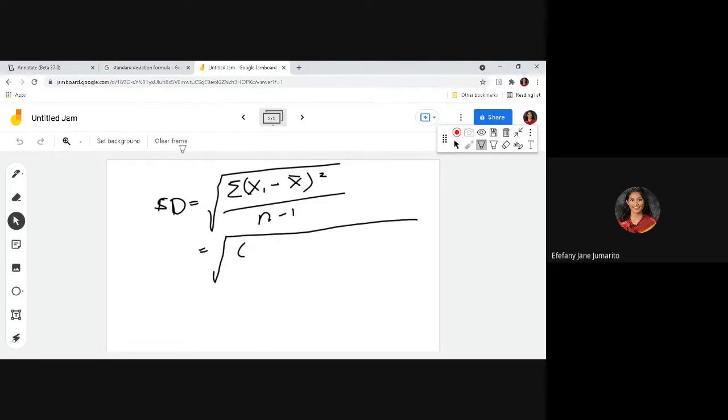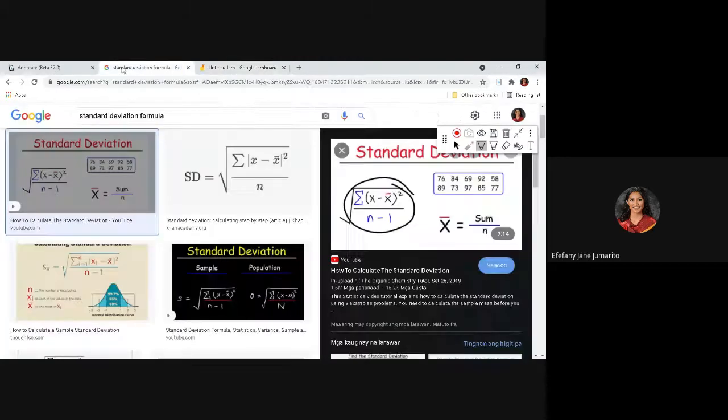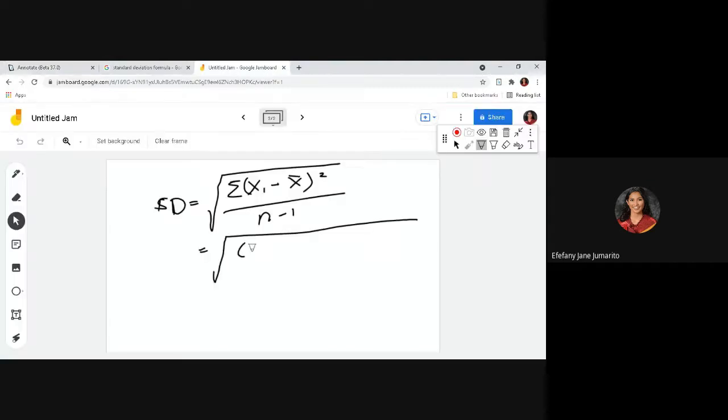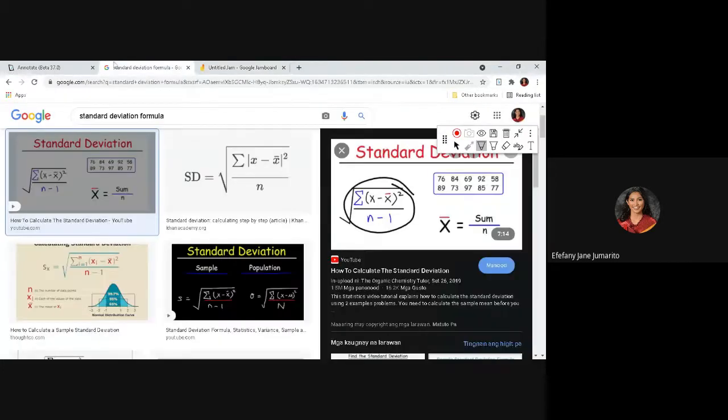So we have x in set A. We have 69.94 minus the mean. Pilang mean? 69.89, ma'am. Then you square that one, plus the next.